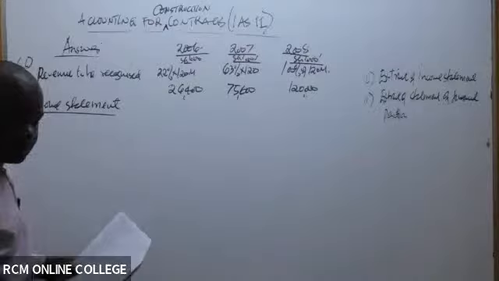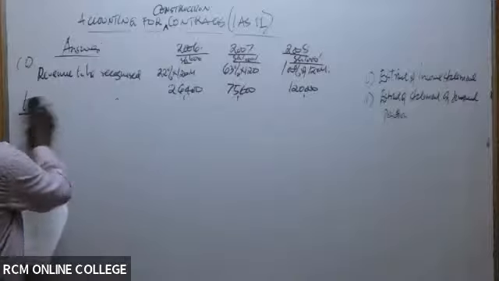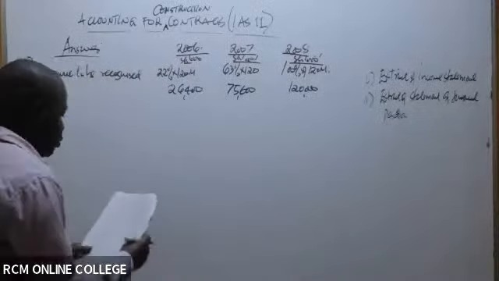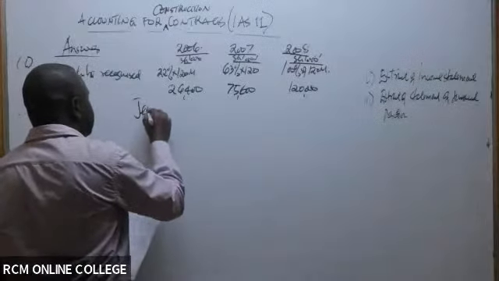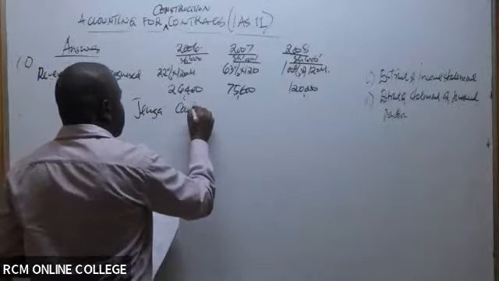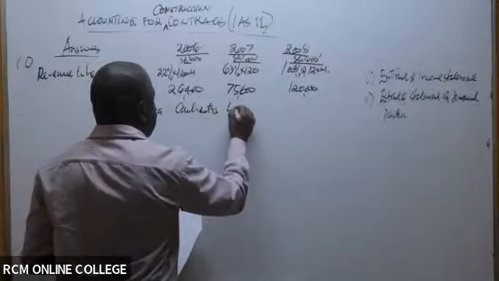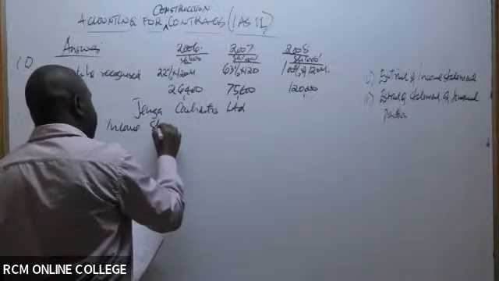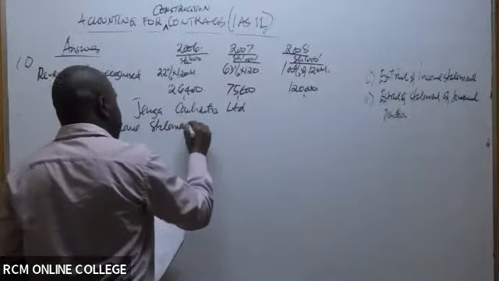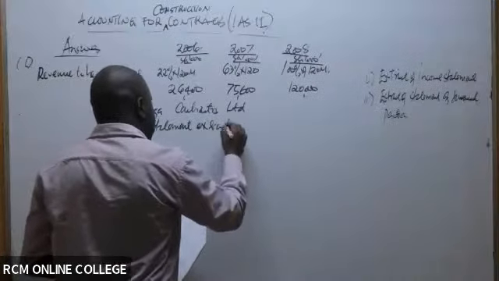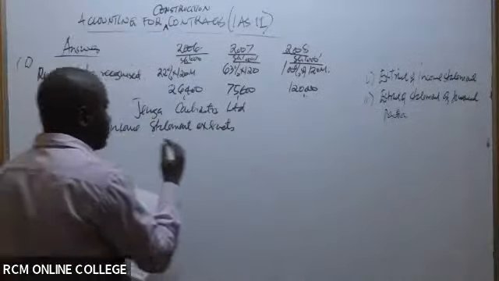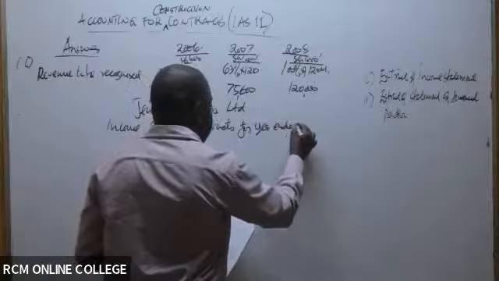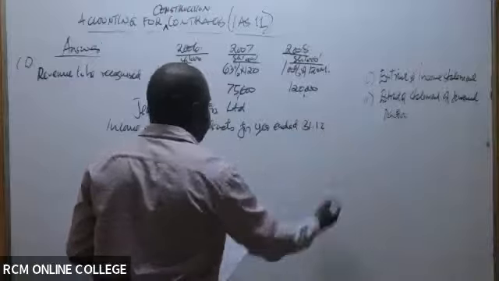Let's try to make our work presentable a bit. So you can put a heading, Jenga Contractors Limited, income statement extracts for the year ended 31st of December.